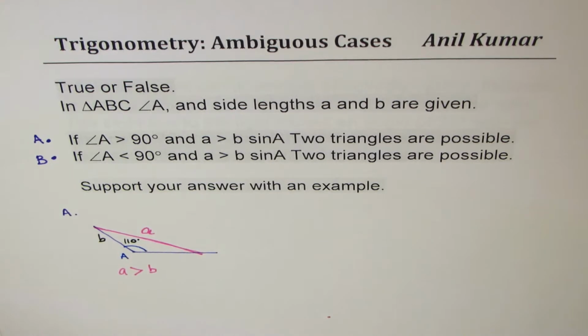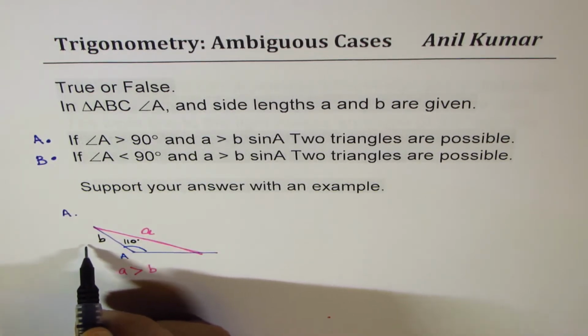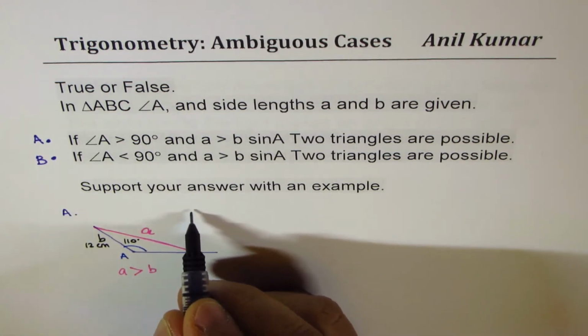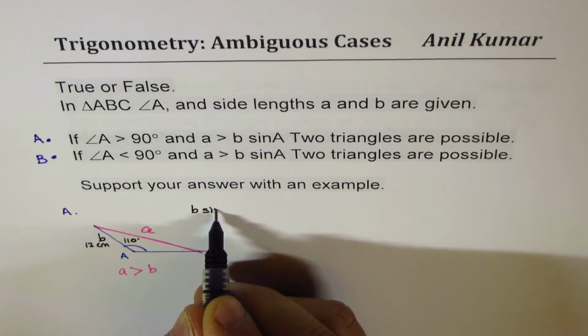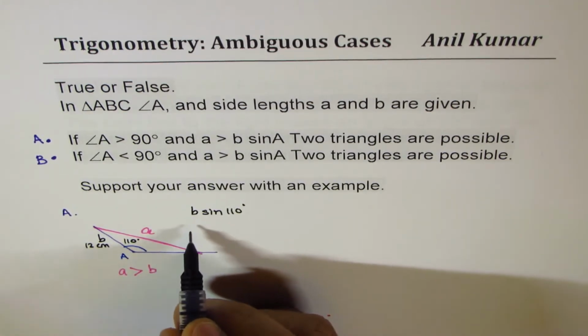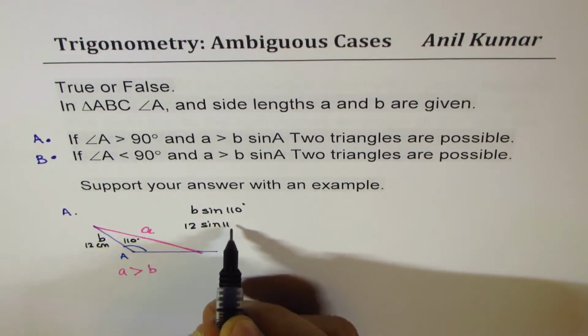And let's take b as 12 centimeters. Now what is b sine of 110 degrees? It is 12 sine of 110 degrees.